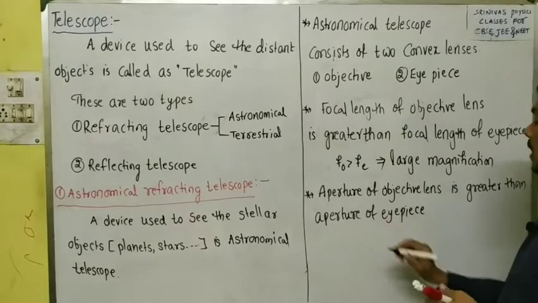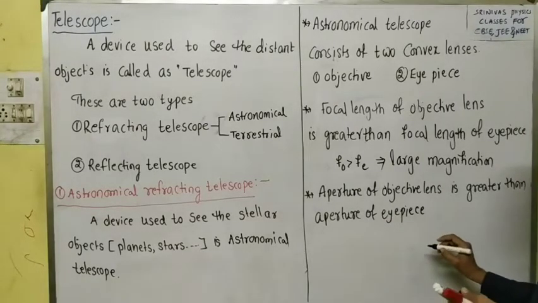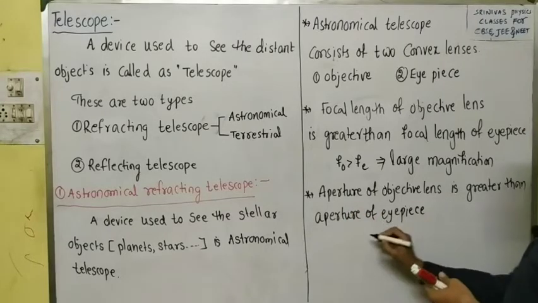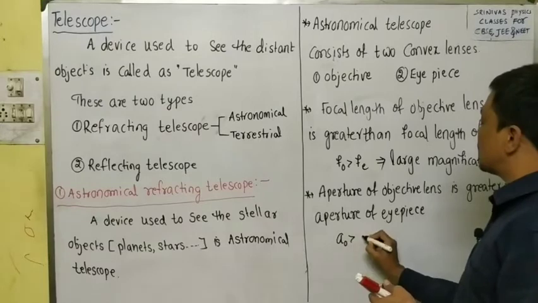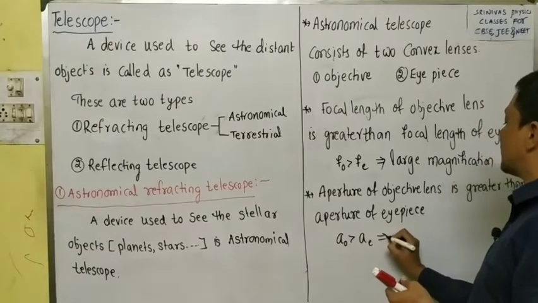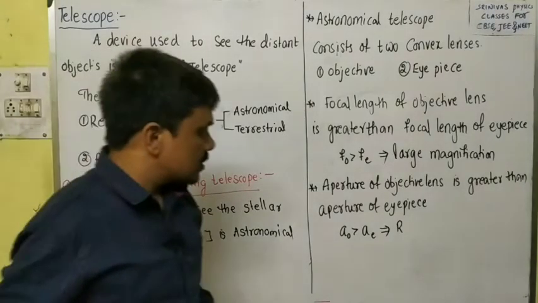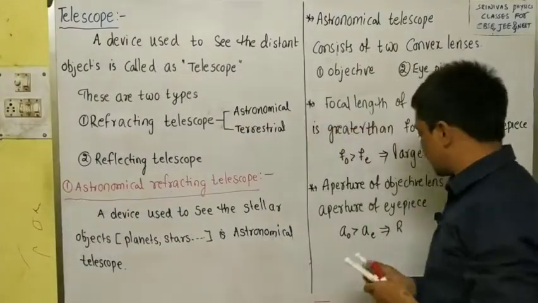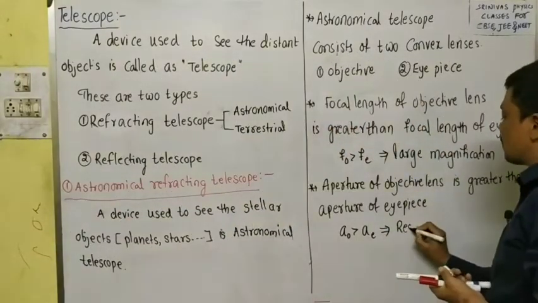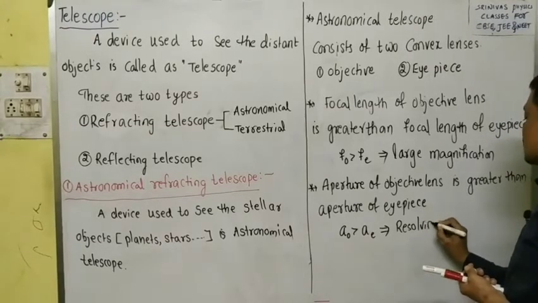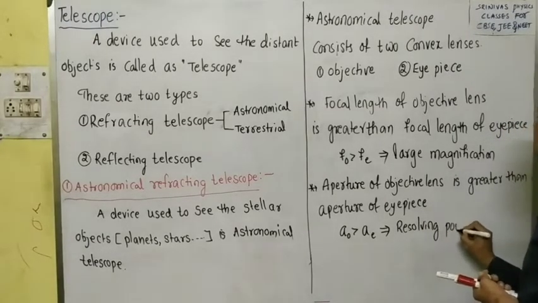If the aperture is more, the area is more and the diameter is more. So A_O is greater than A_E. If this is obeyed, then the resolving power is more. Resolving power means every part will appear clearly.